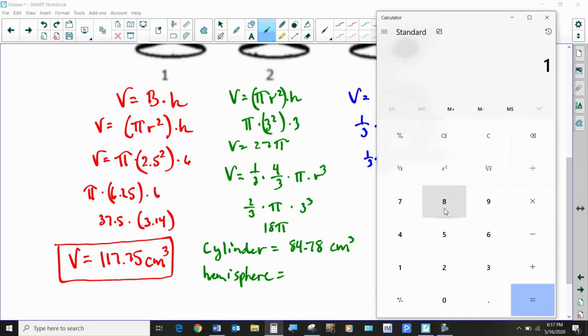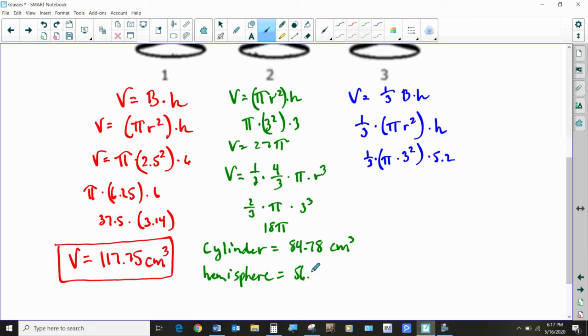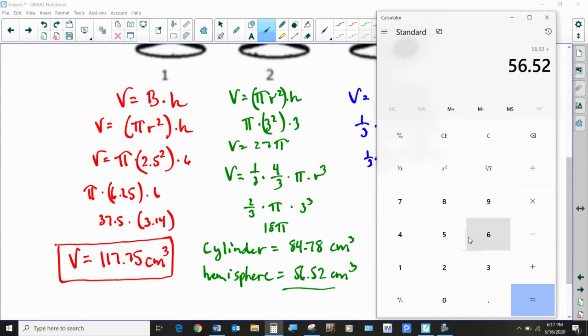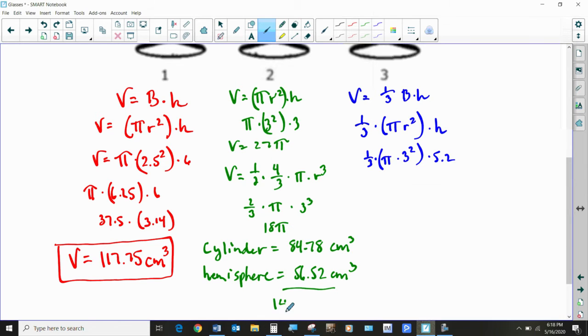So 18 times pi, 3.14, is 56.52. 56.52 centimeters cubed. So when we add those together, our total sum is what? 141.3. 141.3 cubic centimeters for our volume for glass 2.